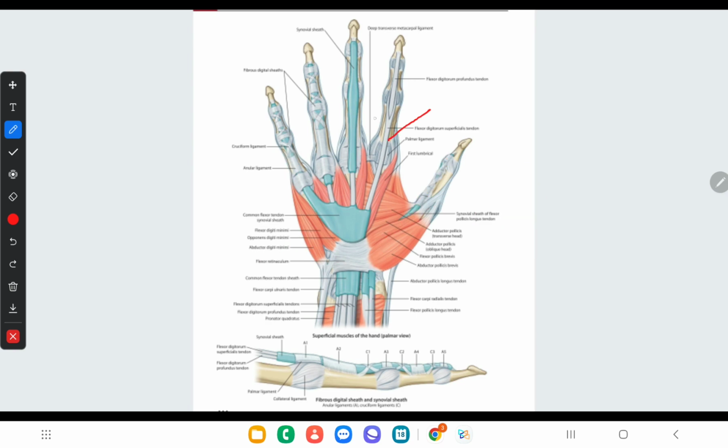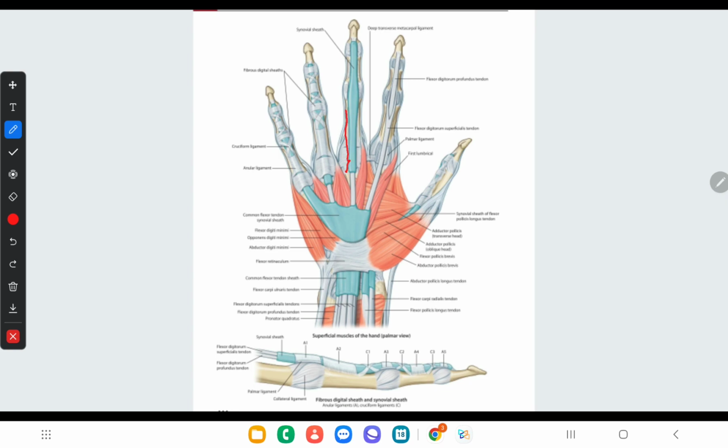You can see here these are the long flexor tendons, and this long flexor tendon is covered by a synovial membrane. Here also it is covered by a synovial membrane. Here the synovial membrane has been removed.